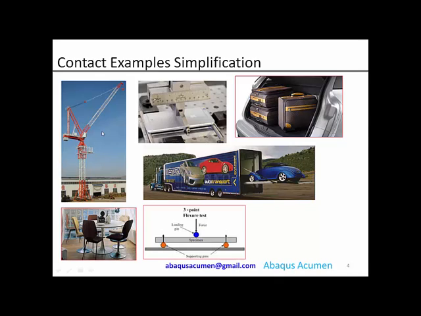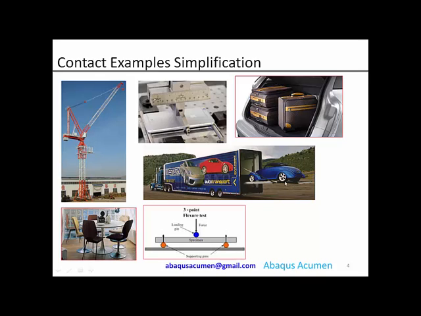Or something like this tower crane, you can build the truss structure and still apply a concentrated or a distributed load, and you can still solve this problem and get a meaningful answer. Similarly you can do it for a load floor also.